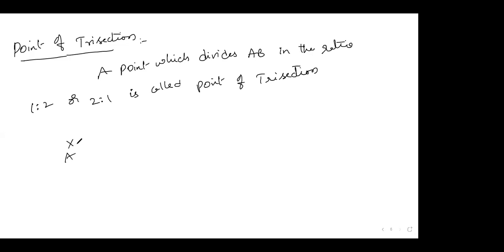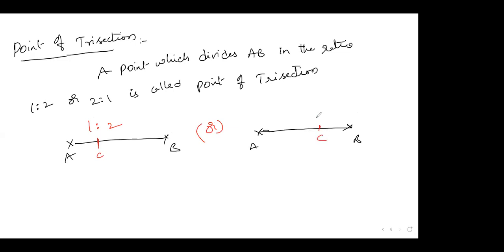So if this is A and this is B, and this is C, it divides in the ratio 1:2, or if this is A, this is B, and this is the point C, it divides in the ratio 2:1. That's called point of trisection.